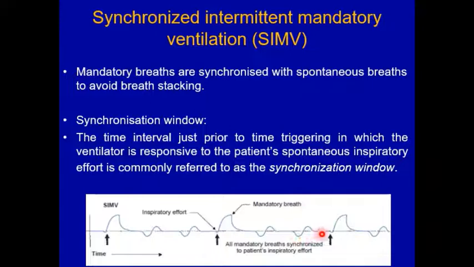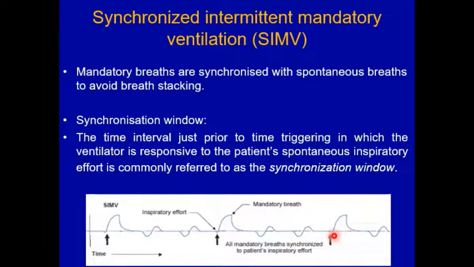Okay, so this is spontaneous, and for example at this point, if a mandatory breath is to be delivered by the ventilator, then 0.5 seconds before the mandatory breath, the ventilator will be sensitive to the patient's inspiratory effort.